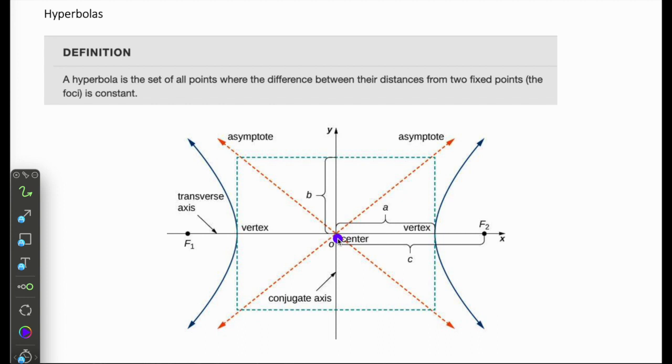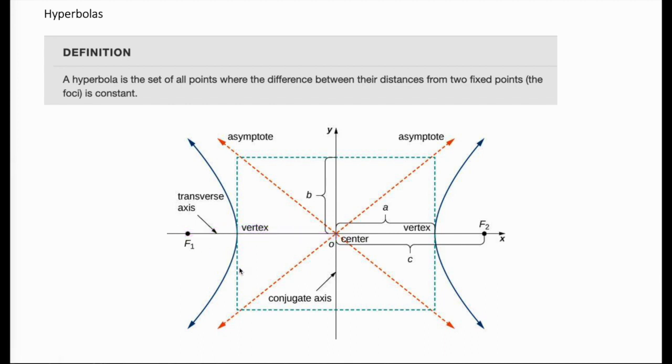Now, for the foci, if you come from the center out a distance of c, which should be inside the hyperbola, that distance will give you where the foci lie.